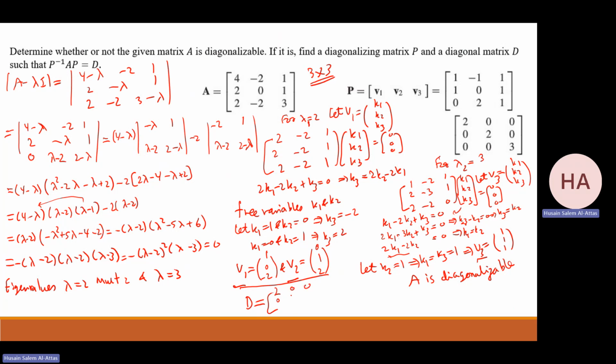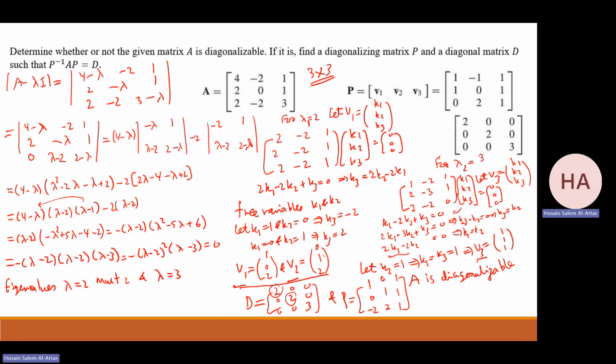So 2, 0, 0, then 0, 2, 0, and 0, 0, and the last one is 3. And what is P? I need to list the eigenvectors: 1, 0, minus 2, then 0, 1, 2. If I put V2 before V1 or V1 before V2, it will be the same since I have the same eigenvalue. That's the most important. And the last one should be 1, 1, 1. So this is my P, and this is my D.